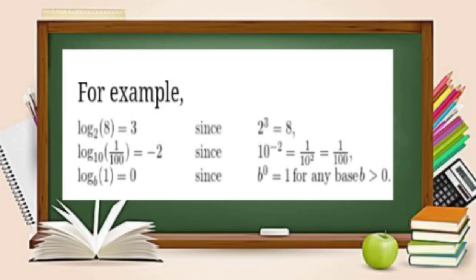So for example, log_2 8 equals 3, since 2^3 equals 8. Number 2, log_10 (1/100) equals negative 2, since 10^(-2) equals 1 over 10^2 equals 1/100. So log_b 1 equals 0, since b^0 equals 1 for any base b greater than 0.